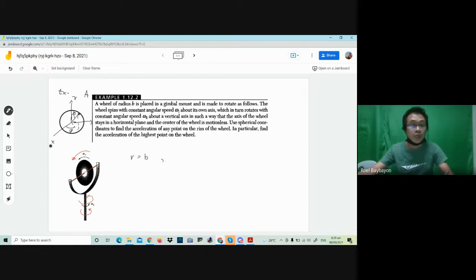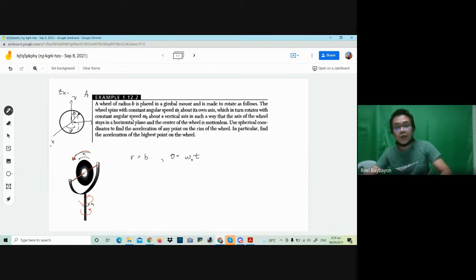As you can see here, your theta is actually the angle you get from the rotation of your wheel. Therefore, my theta here is equal to the angular speed omega 1 times time t. At some time t, you get the angular displacement theta from the rotation of this wheel of radius b.